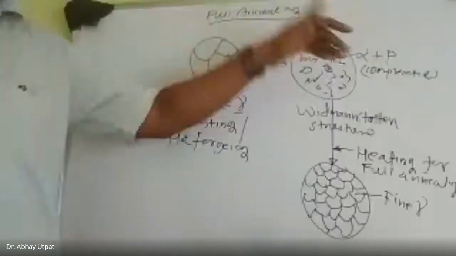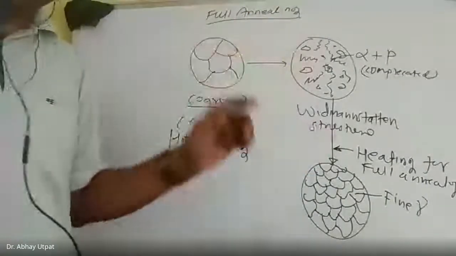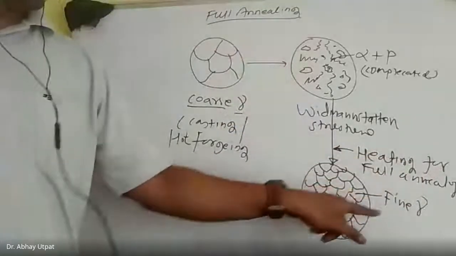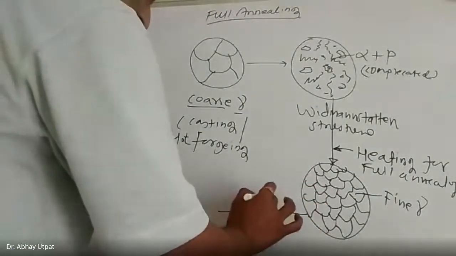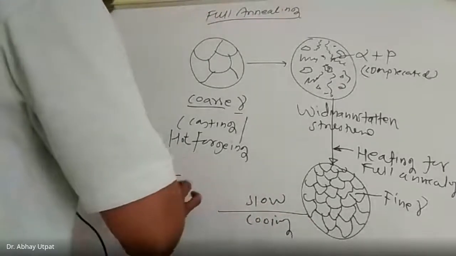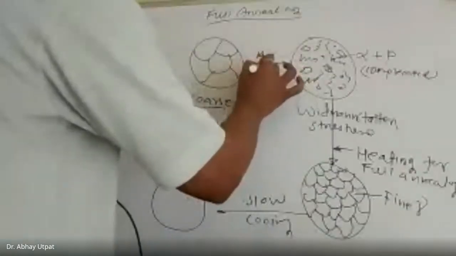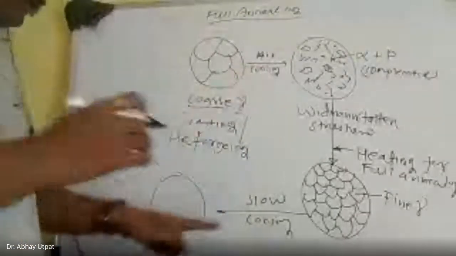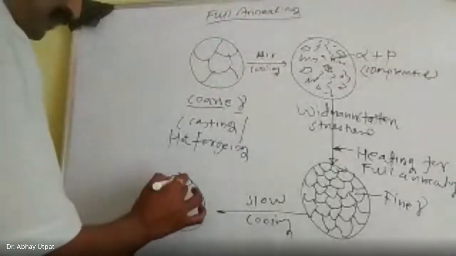Then this casting is full annealed, meaning heated above the A3 temperature. That is heating for full annealing. Then it will give fine austenite, and now it is cooled slowly. Slow cooling. This is air cooling, like this, at the upper side. This is slow cooling. And see now how good a structure is produced.